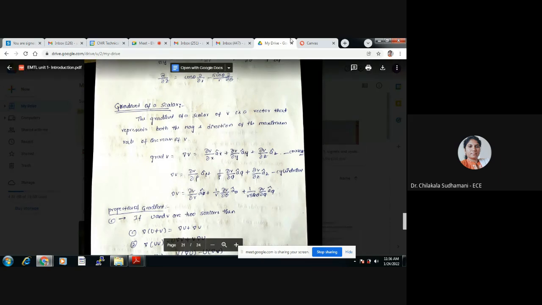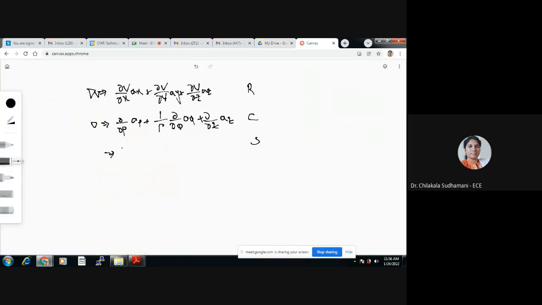Similarly for spherical coordinate systems: dou by dou r of ar, so in place of this dou by dou r, dou V by dou r. Then 1 by r times dou V by dou theta times a theta, plus 1 by r sin theta times dou V by dou phi times a phi.